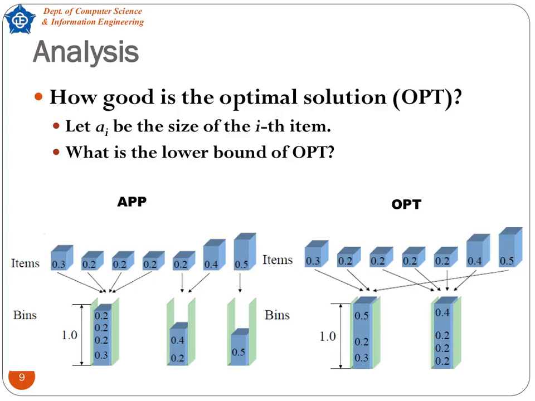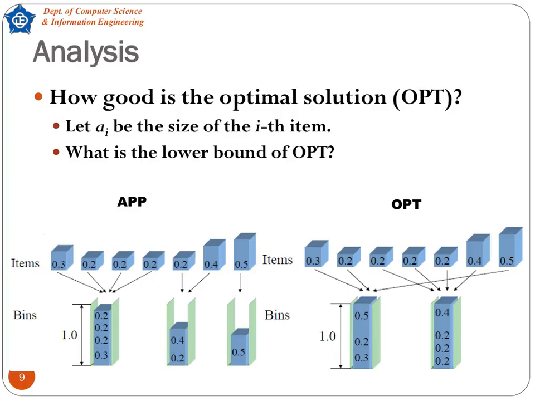This approximate method packs these items into 3 bins. The first bin contains items summing to 0.9. The second bin holds 0.4 and 0.2 for a total of 0.6. And the third bin contains the 0.5 item.